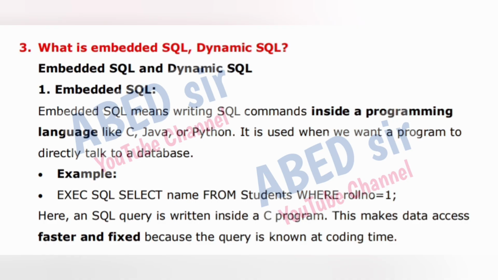It is used when we want a program to directly talk to a database. Example: EXEC SQL select name from students where roll no equals 1. Here, an SQL query is written inside a C program. This makes data access faster and fixed because the query is known at coding time.